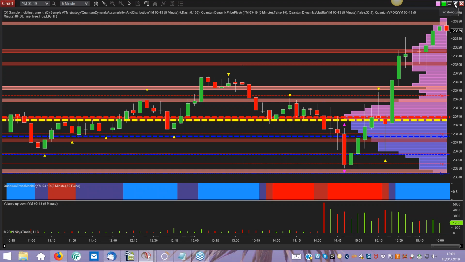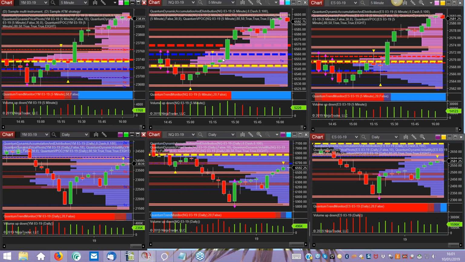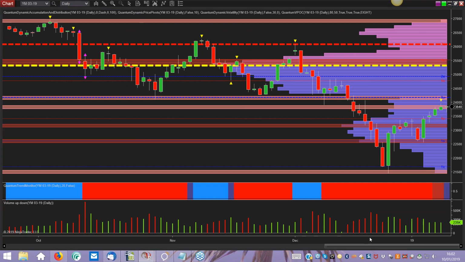Not bad for an afternoon's work of an hour or so. That's on one contract. So if you're trading multiples, if you're scaling in, if you're scaling out, then it can be more than that, obviously. But again, just making the point, this is where we are.